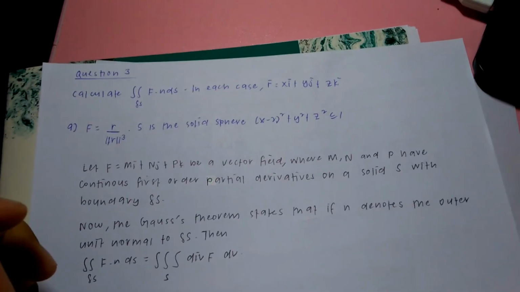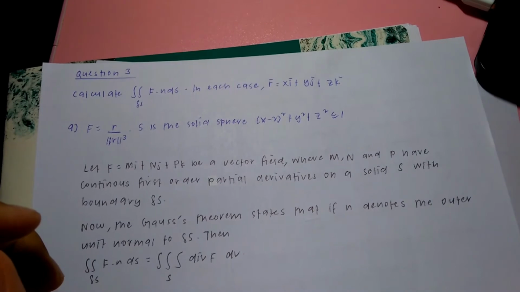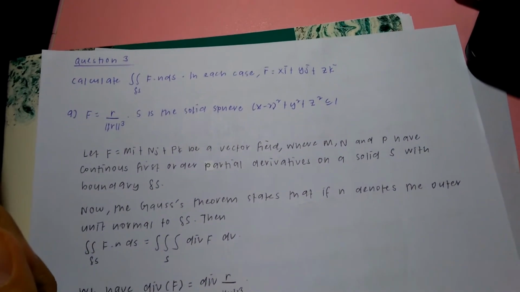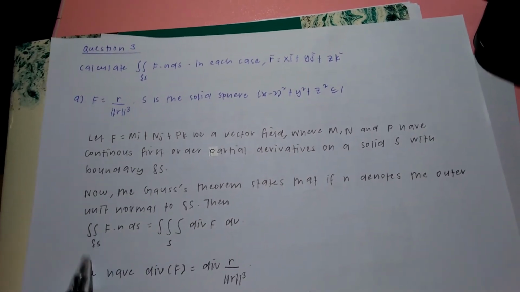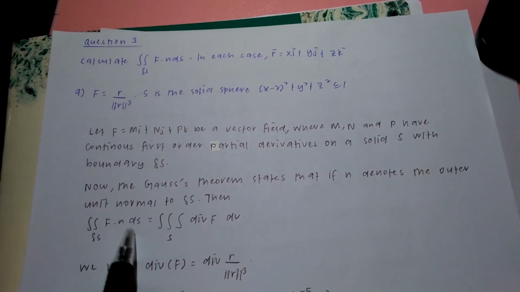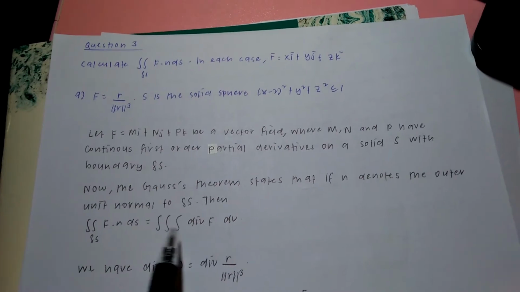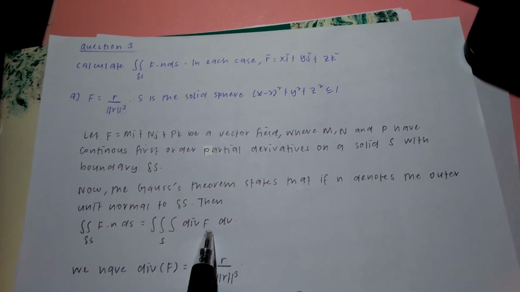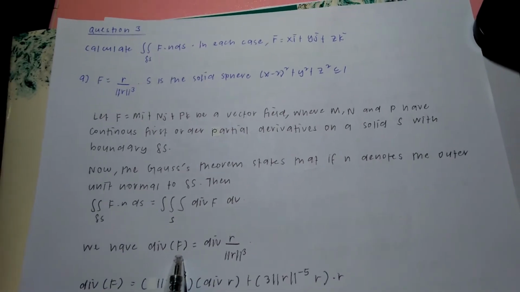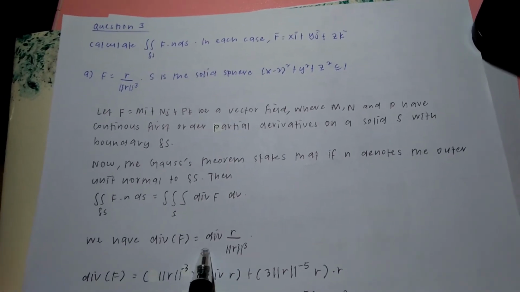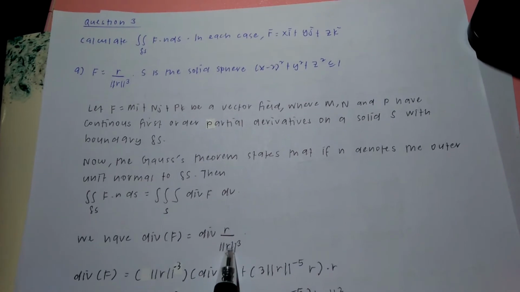Now, the Gauss theorem states that if n denotes the outer unit normal to delta S, then the double integral over delta S of F dot n dS is equal to the triple integral of the divergence of F dV in the region S. So we have div F equals div of r over magnitude of r cubed.